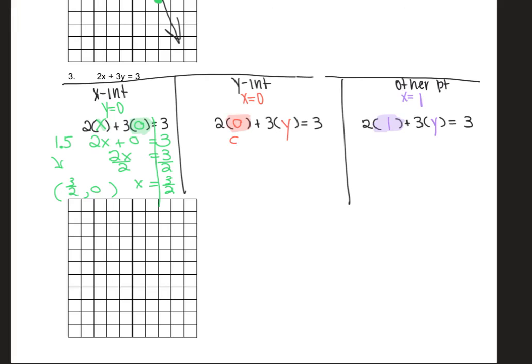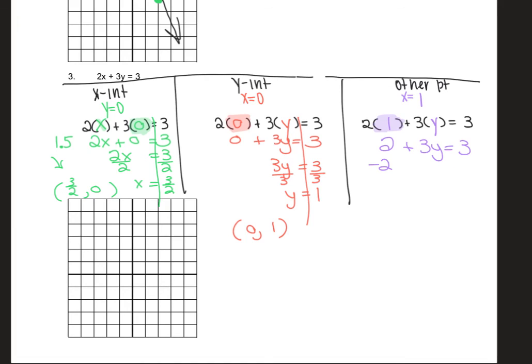For this middle one, I'm going to get 0 plus 3y equals 3. 3y equals 3. So y equals 1 because I've divided both by 3. So my ordered pair is 0, 1. And then over here for my other point, I'm going to get 2 plus 3y equals 3. Subtract 2 from both sides.